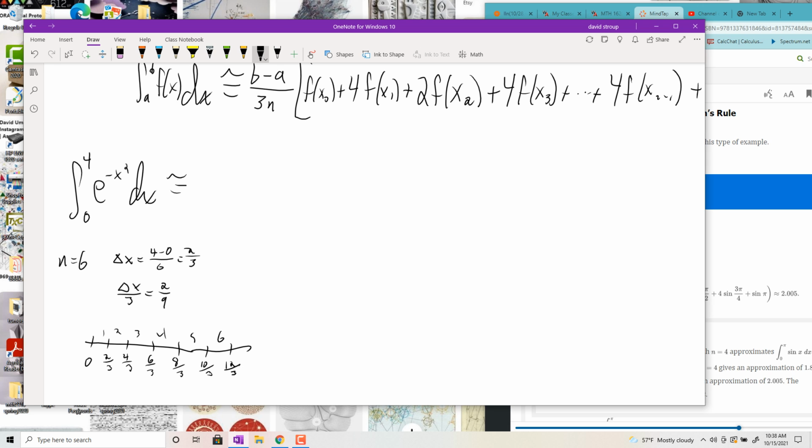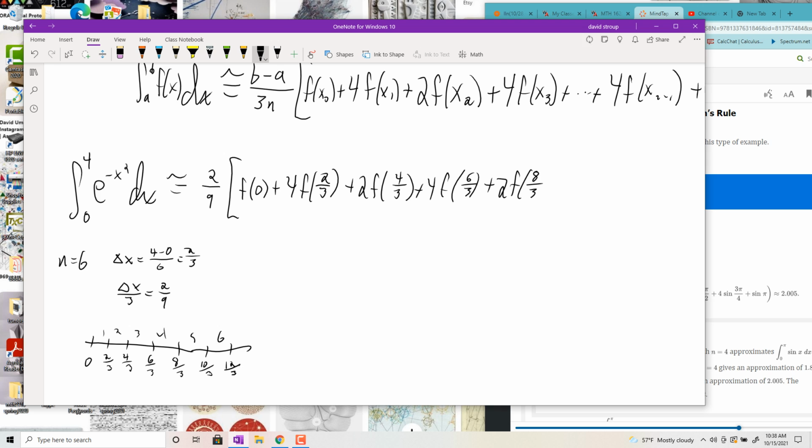Okay, here we go. So I have 2/9 times this thing evaluated at all these numbers. So f of 0 plus 4 f of 2/3 plus 2 f of 4/3 plus 4 f of 6/3 plus 2 f of 8/3 plus 4 f of 10/3 back to plus just plain old f of 12/3.